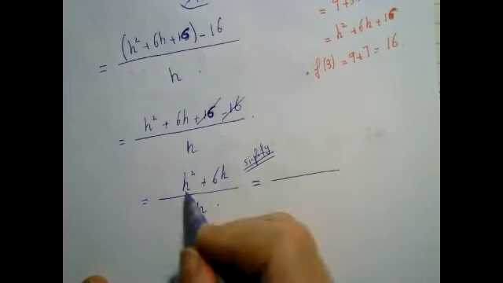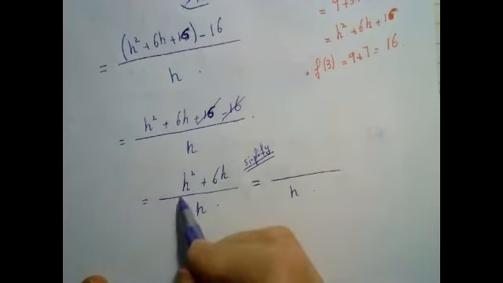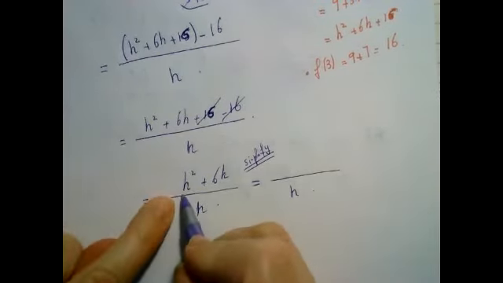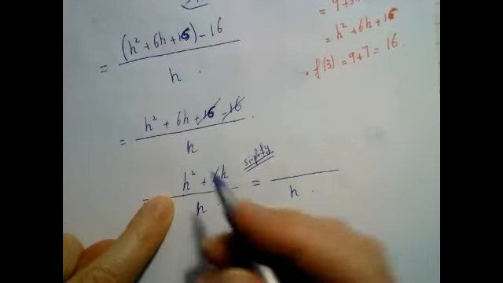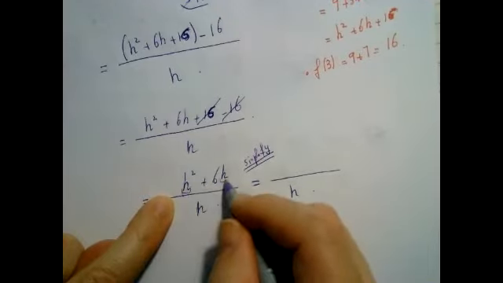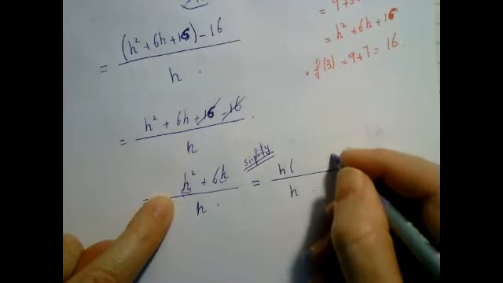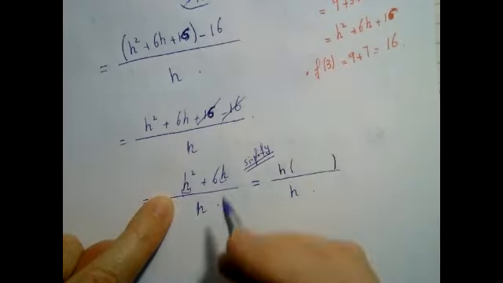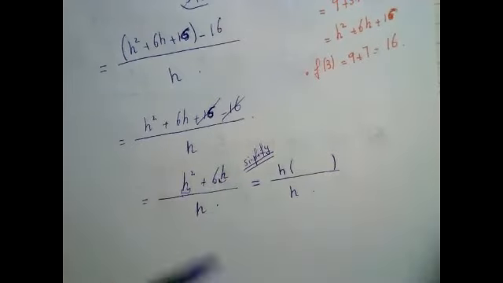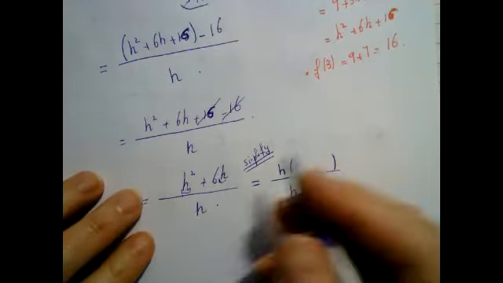Okay, one thing you can do is, this is H here. We're going to try to factor out the H. Can I factor out the H? It means, can I write the numerator as H times something?